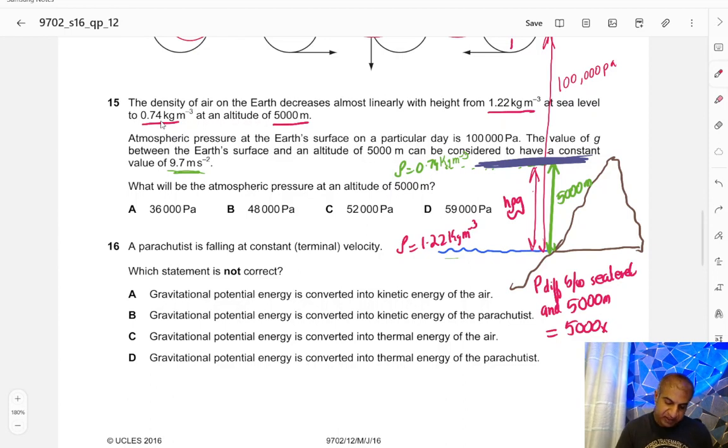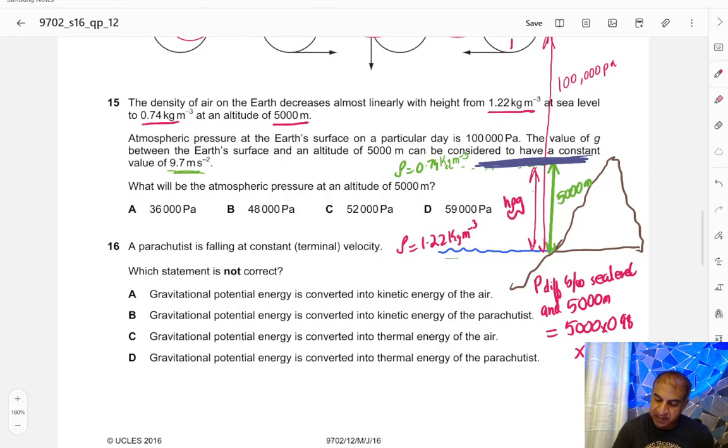My mistake, that 9.7 is the acceleration. So that gives me 0.98.